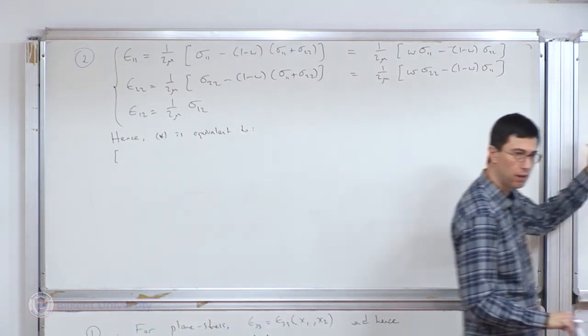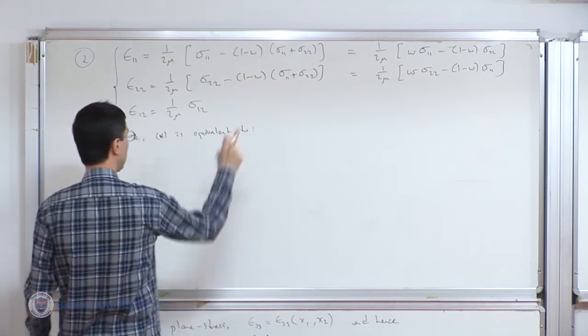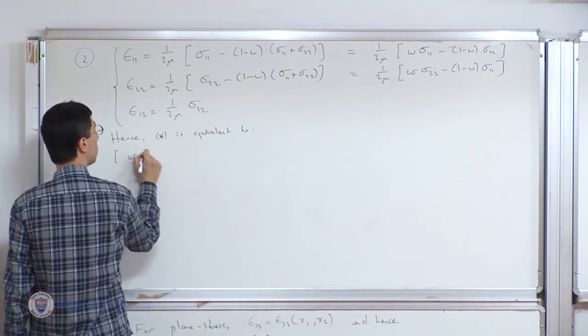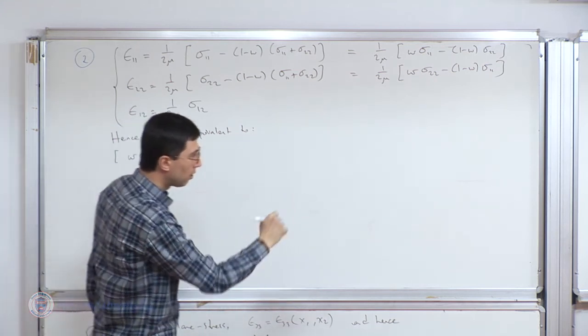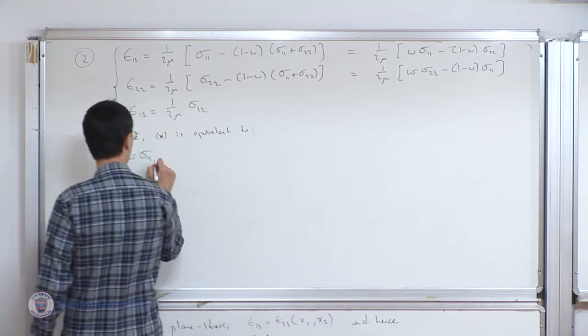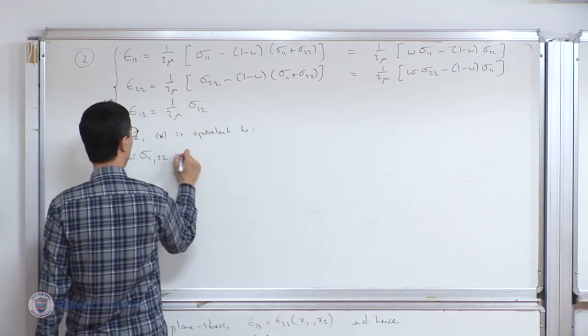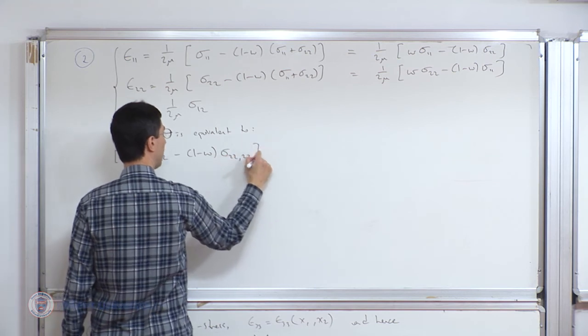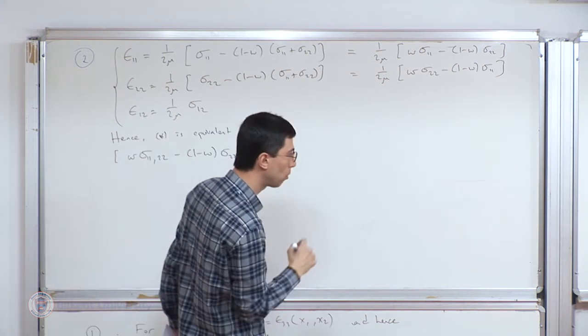So I'll get rid of that 1 over 2 mu factor from the outset and immediately go for what is in the brackets. So omega sigma 1,1. In the first term, I have a comma 2,2, so I'm going to move that in here, comma 2,2, minus 1 minus omega sigma 2,2, comma 2,2. So that's the first term, incompatibility in terms of strain.